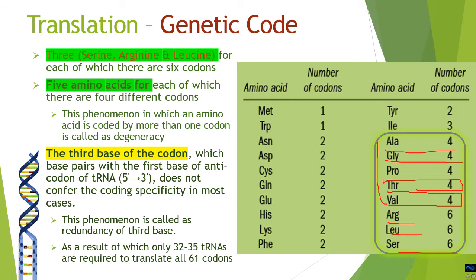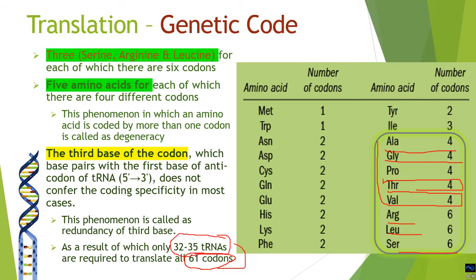That's why certain codons code for the same amino acid. This phenomenon is called the redundancy of the third base, and because of it, out of the 61 codons which need decoding, only 30 to 35 tRNAs fit the bill.